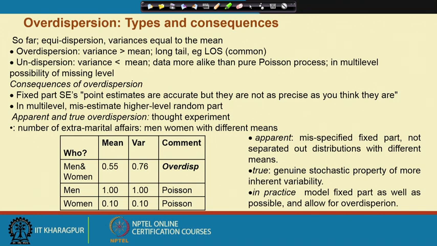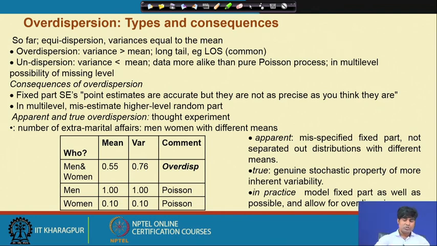Of course, we cited a problem where the mean is exactly equal to variance, because our intention was to connect with Poisson regression modeling, and here our intention is to connect with negative binomial regression modeling. As a result, we have to bring a problem where we justify the scenario that the mean and variance are not equal.